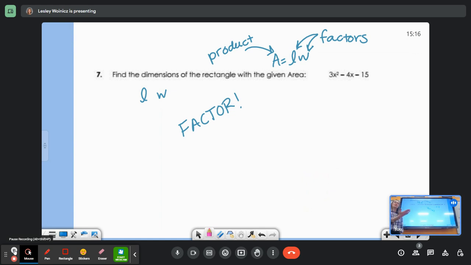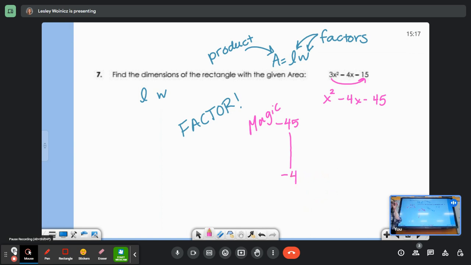All of our factoring tricks require an A value of 1, so we're going to have to slide the 3. We're going to slide and divide. So that gives us x squared minus 4x minus 45. Now what? We are looking for magic numbers: factors that multiply to negative 45 and sum to negative 4.